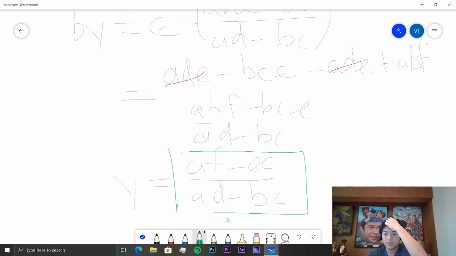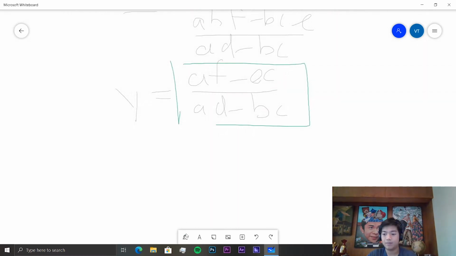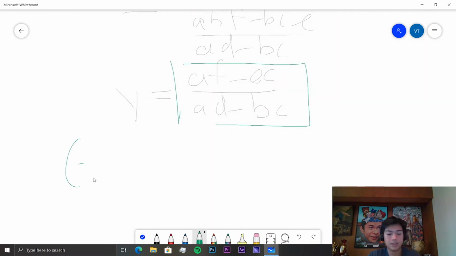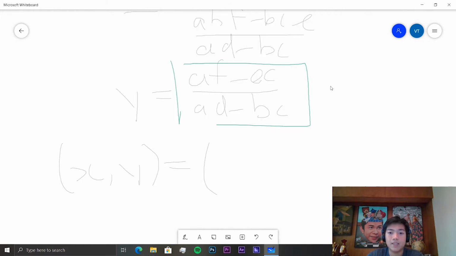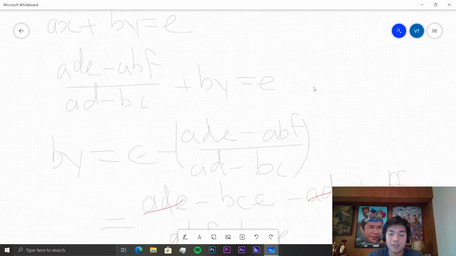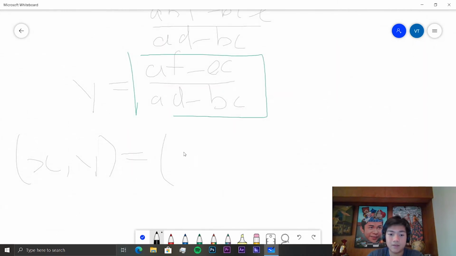And so, to solve the system, the pair (x, y) will be equal to, scrolling up, de minus bf over ad minus bc, comma, af minus ce over ad minus bc.